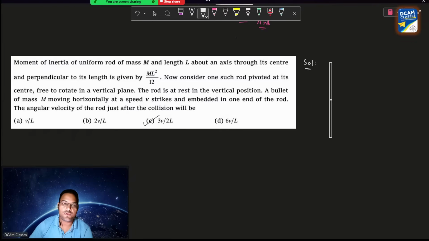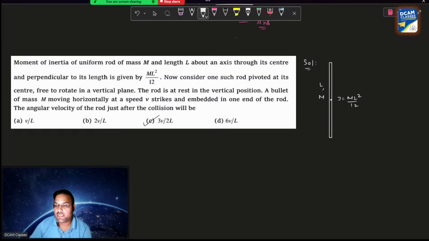See how things are. Moment of inertia of a uniform rod of mass m, this is m, this is L, total length is L, through the center and perpendicular to its length is given by ml square by 12. This moment of inertia we know. Now consider one such rod pivoted at its center, free to rotate in the vertical plane. The rod is at rest in the vertical position.